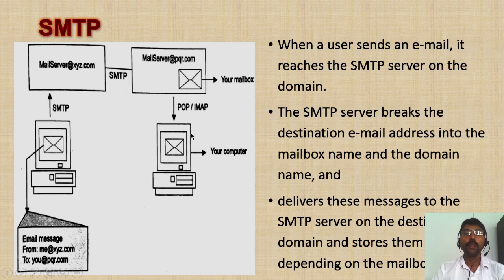The destination computer, or the receiver, cannot use SMTP to receive that mail from the server. For that, he uses other protocols like POP, Post Office Protocol, or IMAP, Internet Message Access Protocol.